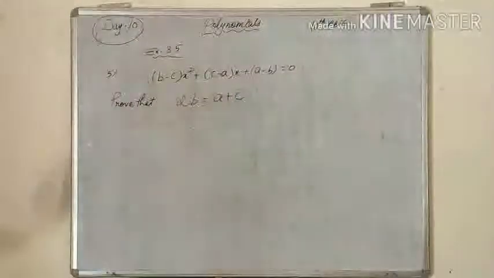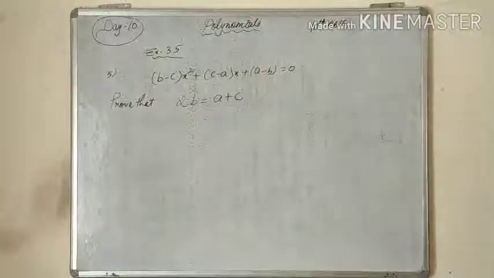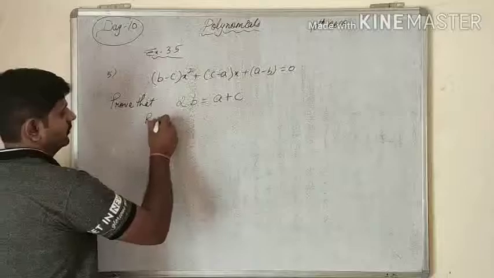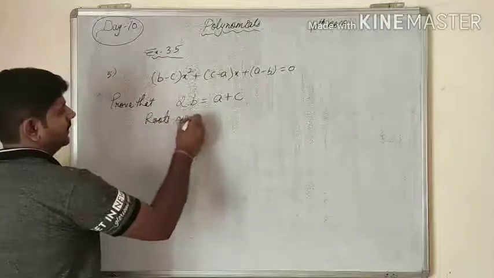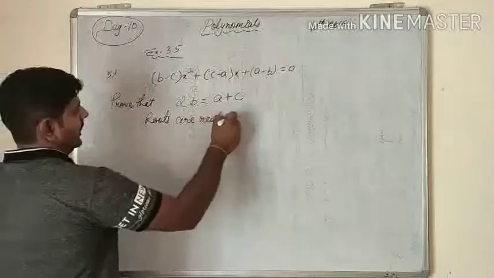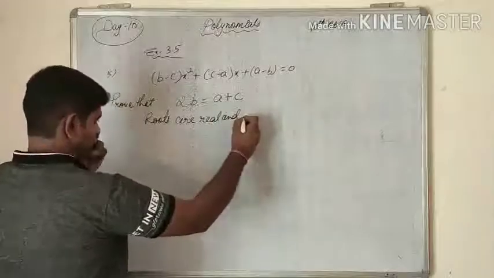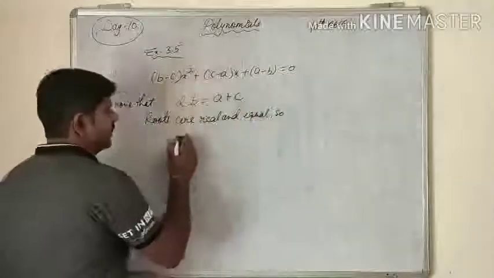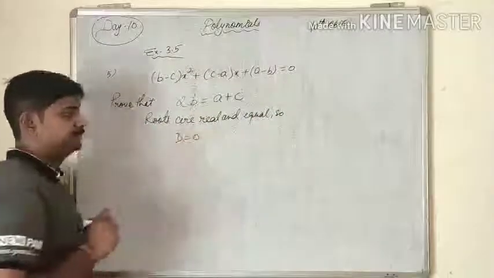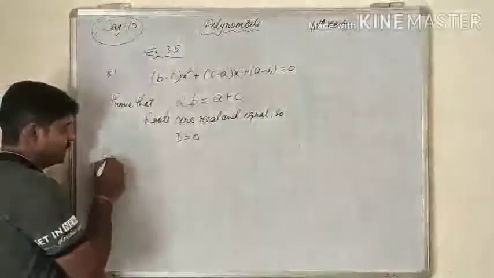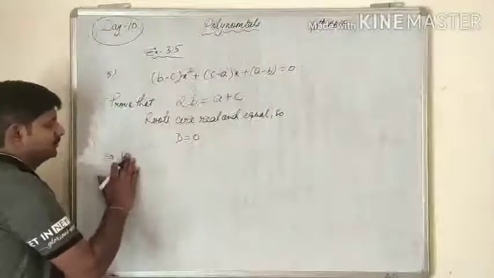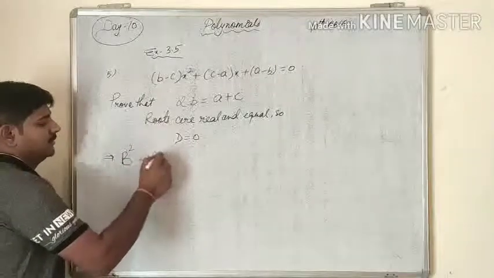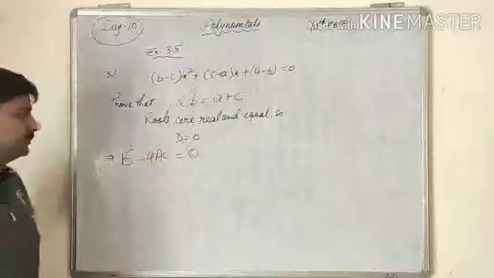So what to do in this question? According to this, they are written its roots are real and equal. So discriminant equals to 0. If discriminant is 0, so we can say b square minus 4ac equals to 0.